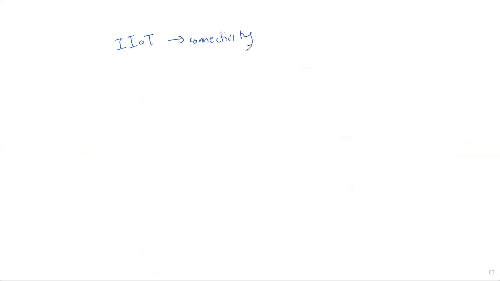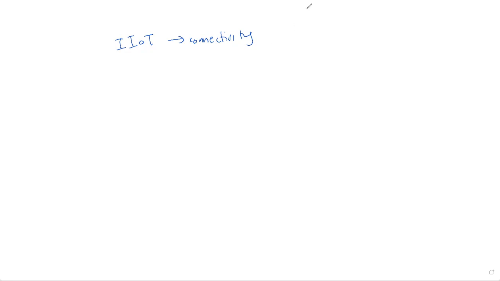The connectivity can be between the devices, between infrastructure, and between two different places in the public internet.